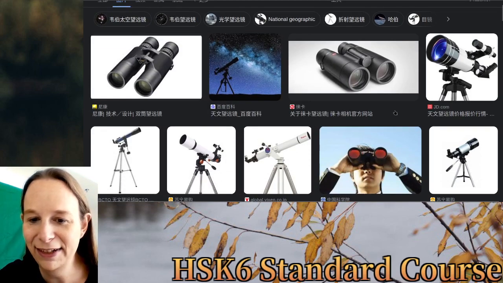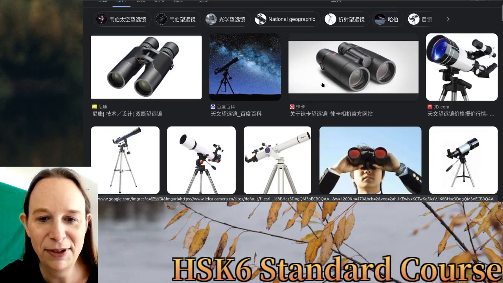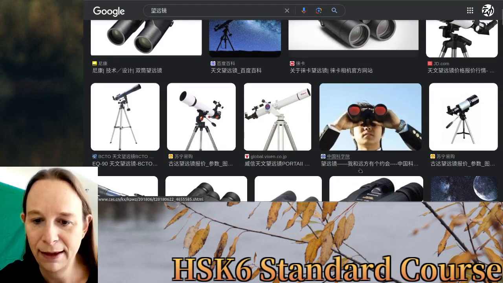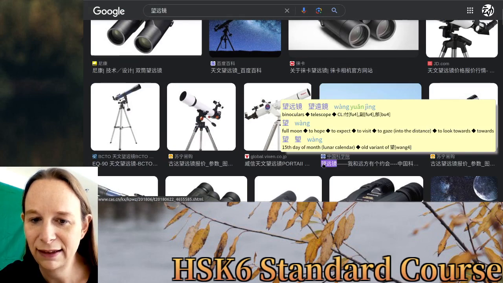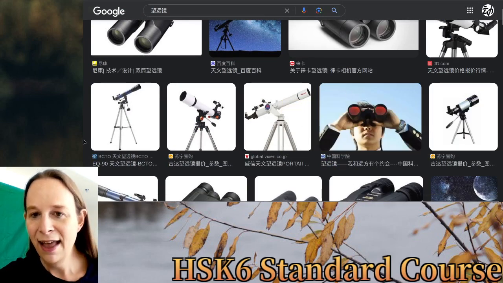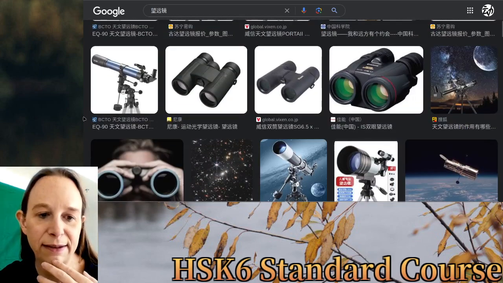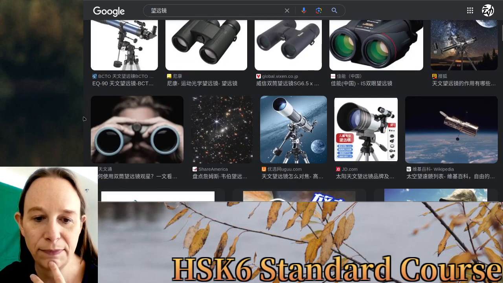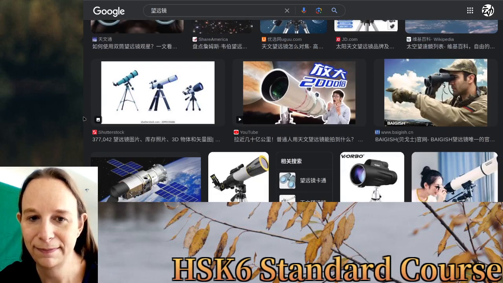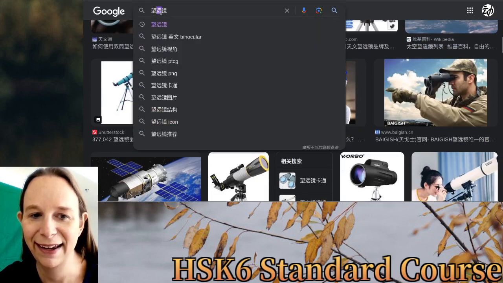There's different types, right? I guess binoculars count as 望远镜 as well. Binoculars, telescopes. So they're both 望远镜 in Chinese. They're separate concepts in English. 望远镜. All right.